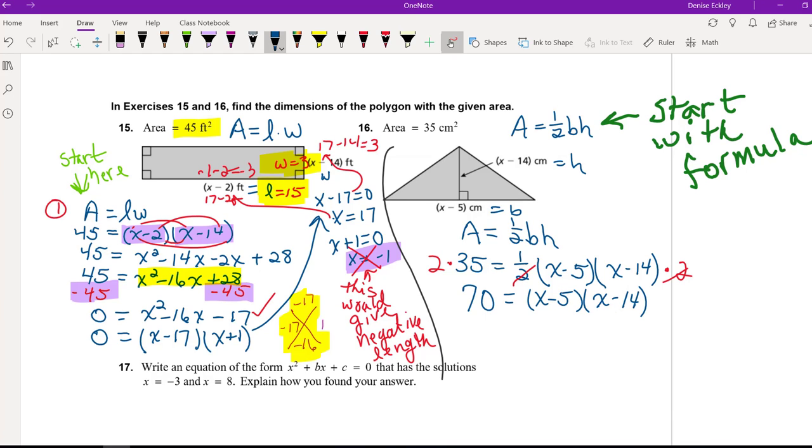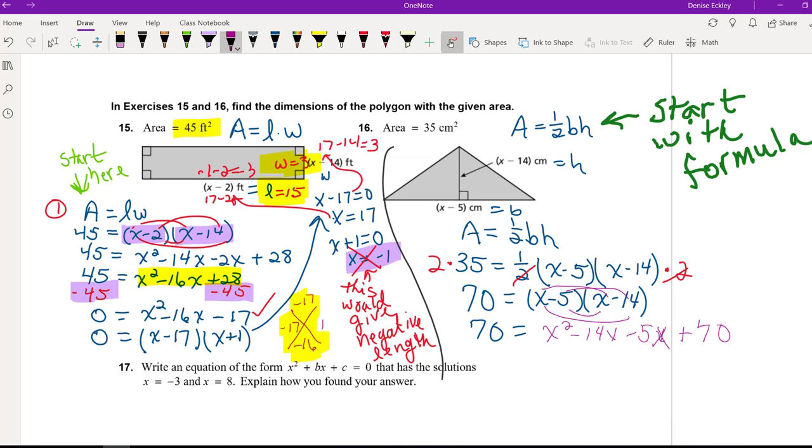Now I'm in the same situation I was before. I want to subtract that 70 so it equals 0, but before I can do that, I have to take care of multiplication. So I'm going to leave the 70 there, and then I'm going to multiply these two binomials together. So I get x squared minus 14x minus 5x, and then plus 70.